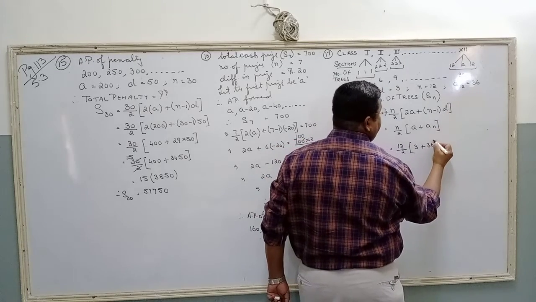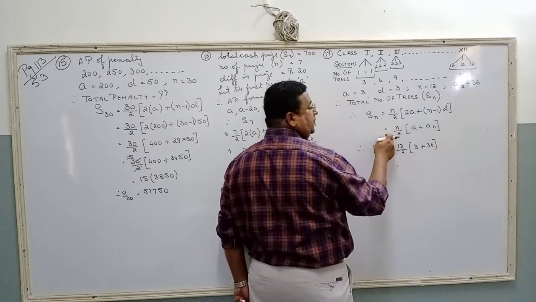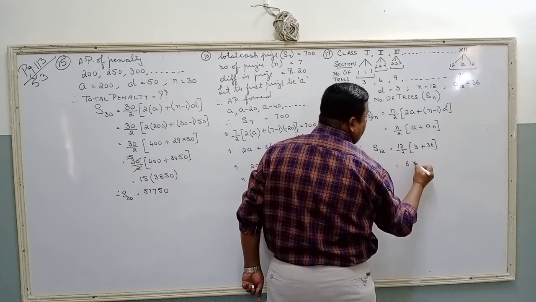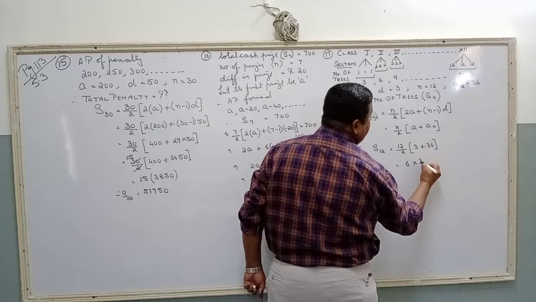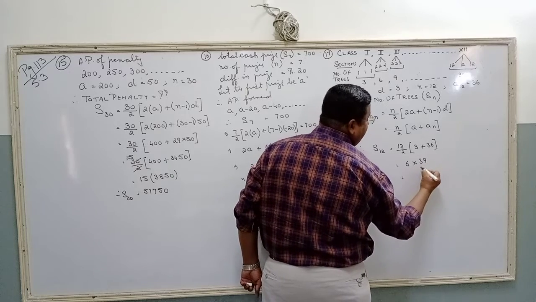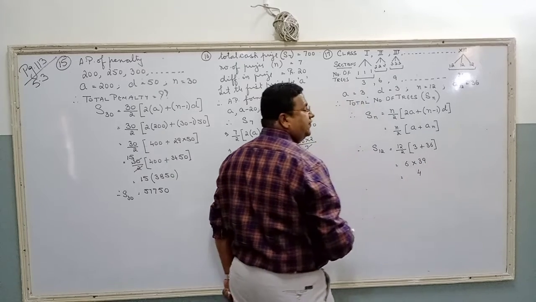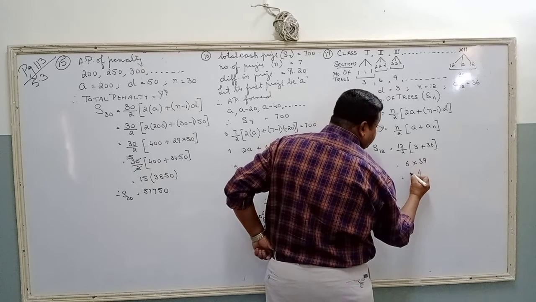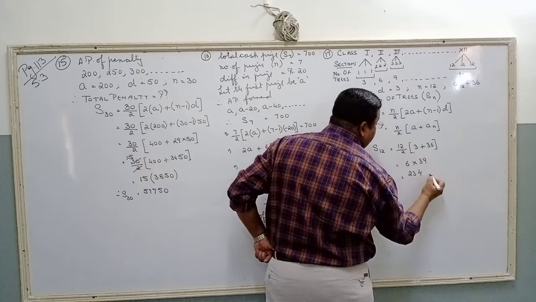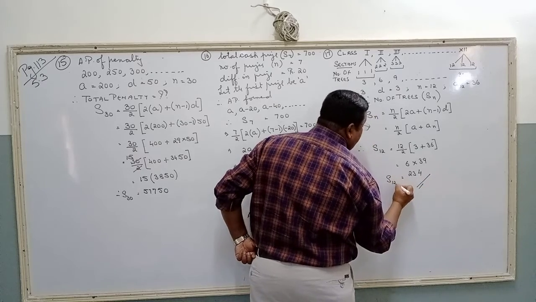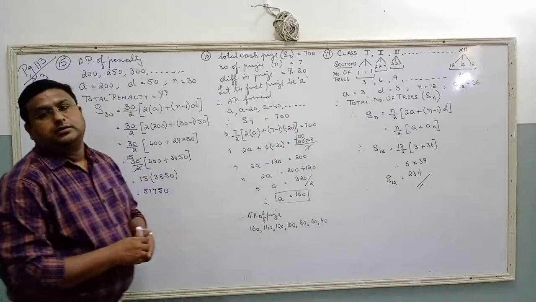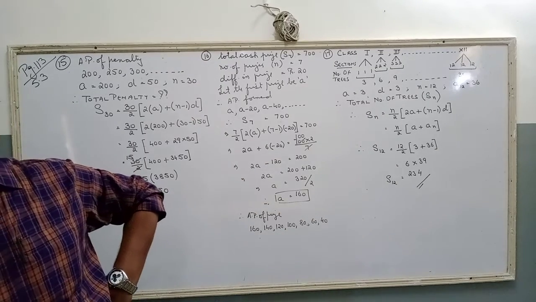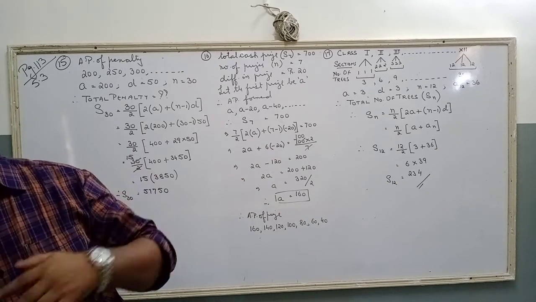You can use both formulas, and use the second formula this time. The total number of trees that are going to be planted by the students of the school is 234. Clear?